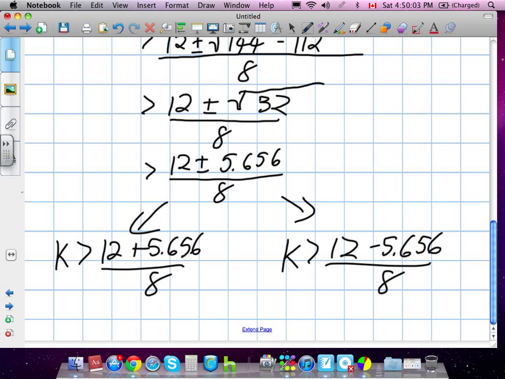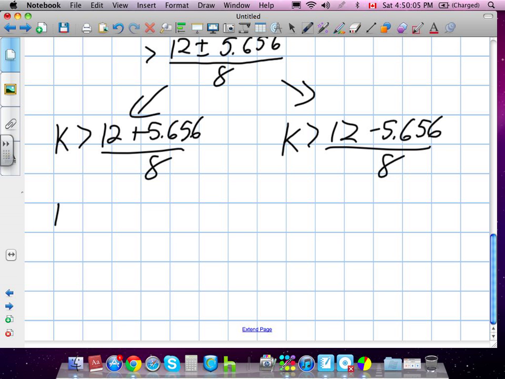Now, this one here might be k has to be less than. I'm going to revisit that in a second. But anyways, our values for k: 12 plus 5.656 is 17.656 divided by 8.